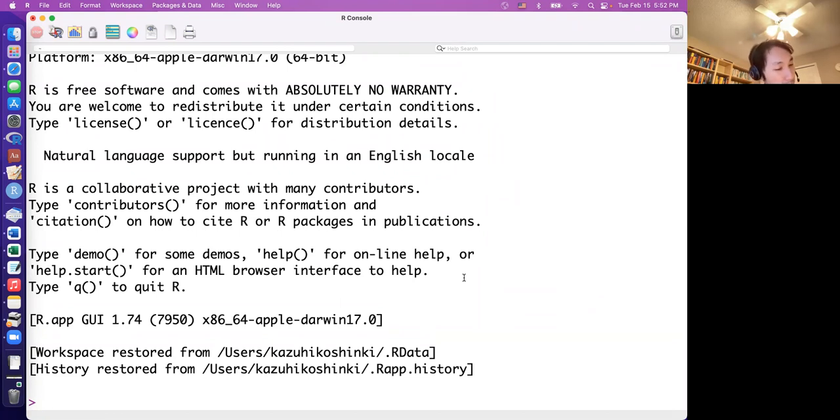So you may feel it's slightly simpler to analyze data.